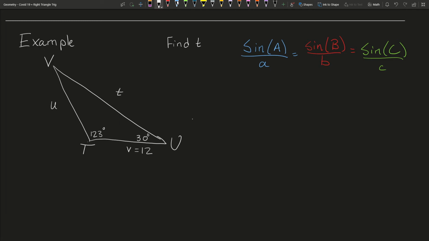All right, so in order to solve for t, I'm going to break this down like I did in right triangle trig. I'm going to label the sides so we know what's what. They should be labeled for you already, like I did up above, but I want to make it explicit. So this 123-degree angle, angle T, belongs to this side.